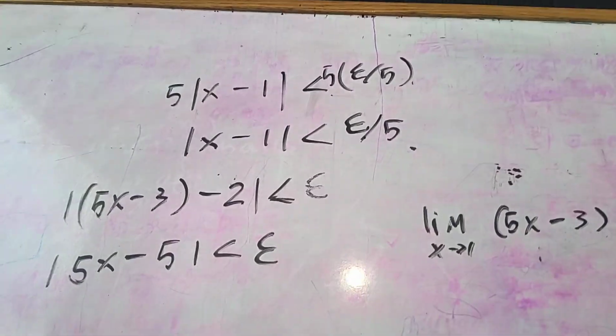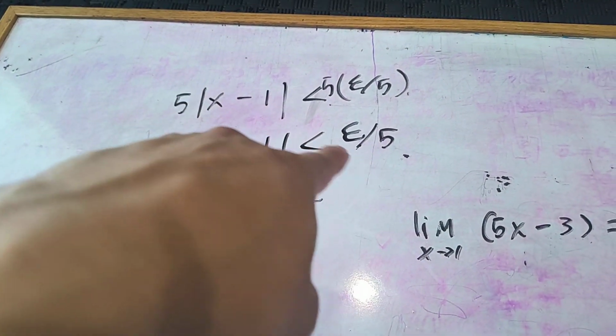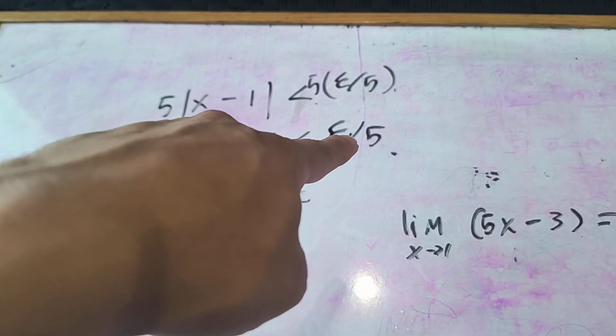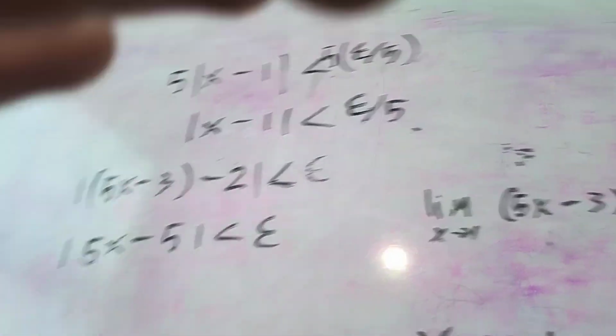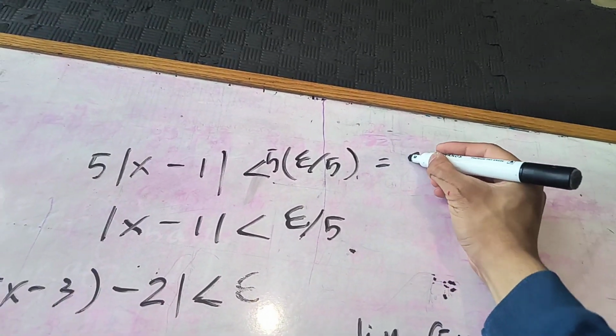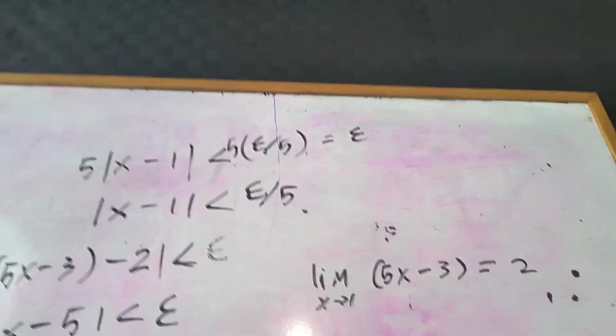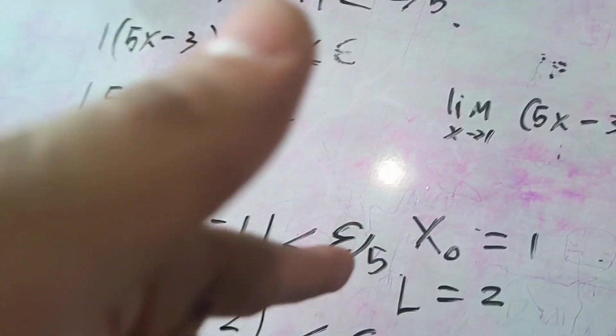Dividing both sides by 5, that is just equal to epsilon, which shows that it still stays within epsilon while it stays within delta.